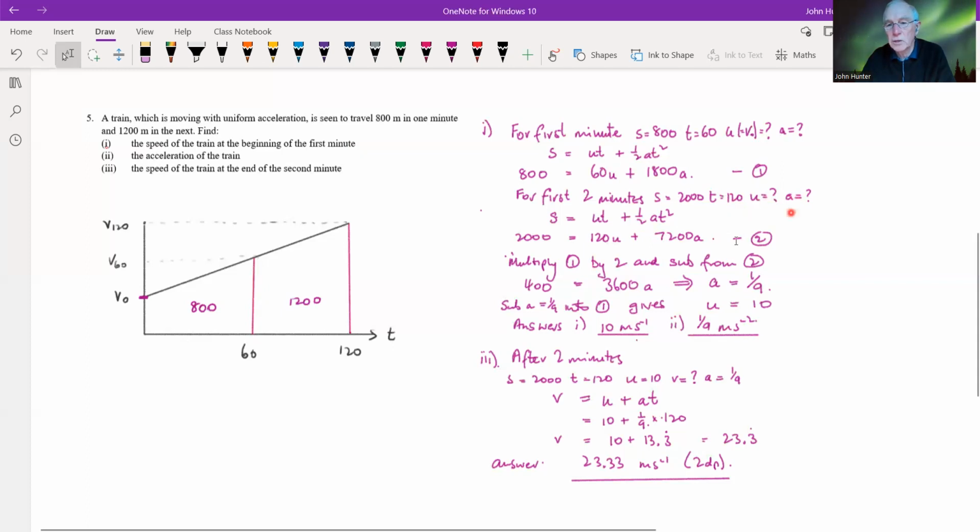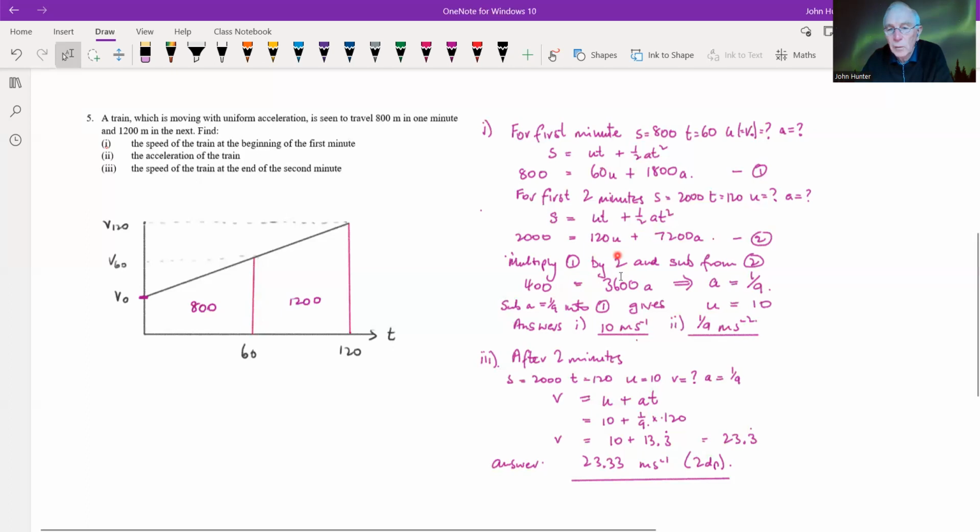We still don't know the acceleration. But when we plug those into the displacement equation, we get this, and we can see that this and this are two equations in the same two unknowns, and we can resolve these using the methods that we use for solving simultaneous equations. Without going through that, I assume that you'll know how to do it.